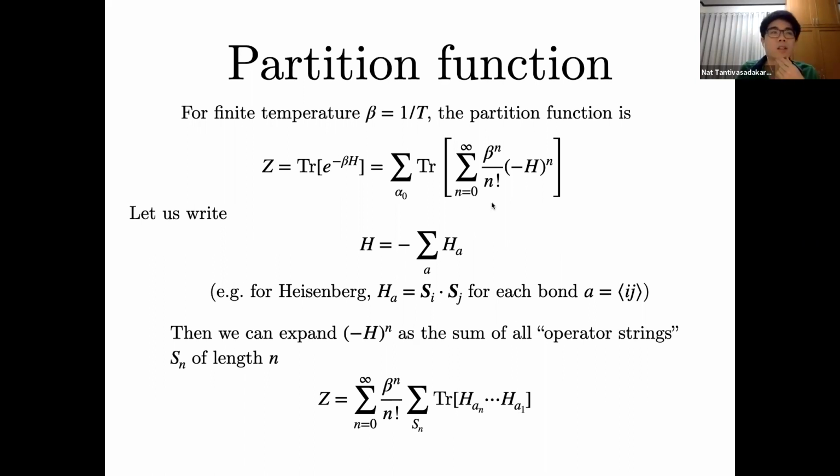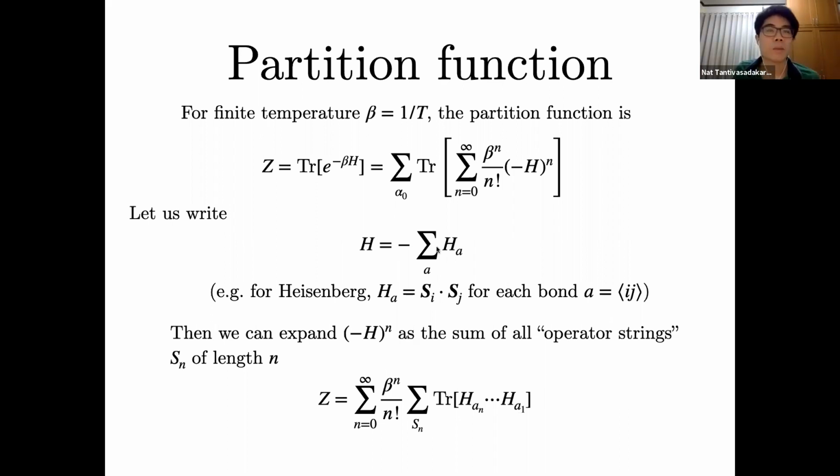After writing this, you might have a bunch of terms in your Hamiltonian, so I'm going to write my Hamiltonian as minus the sum of individual terms. For example, if this is a Heisenberg chain, then I can write A as locating each bond in my lattice, and then H can be this S dot S term.